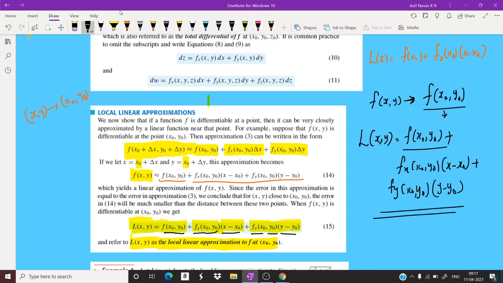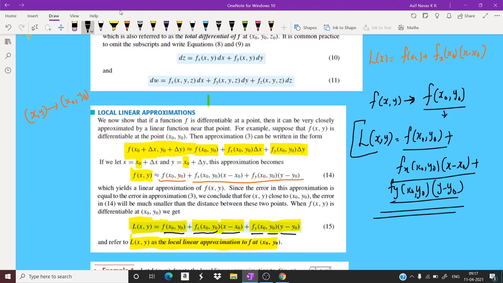So this is a linear function, right? In this manner we can find the value of the function f(x, y), and that is a linear function, which we will denote L(x, y).